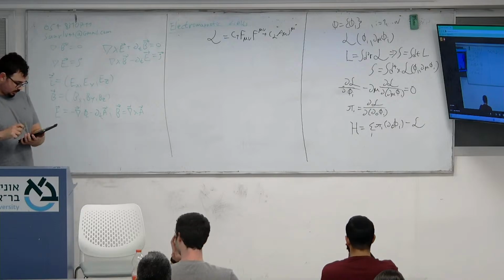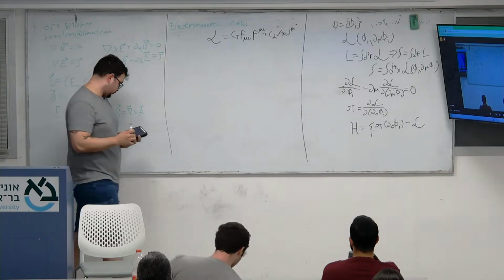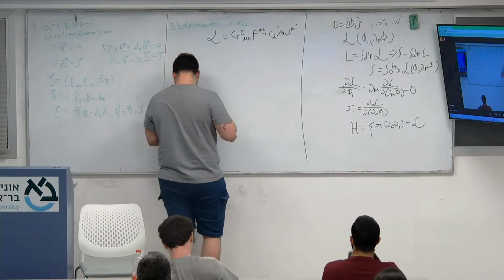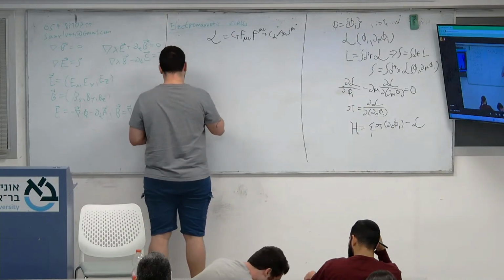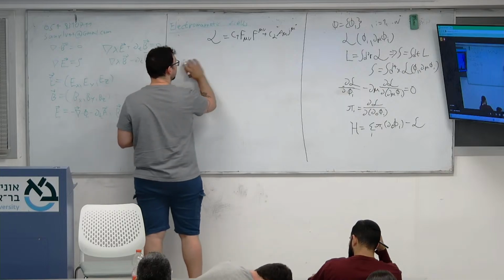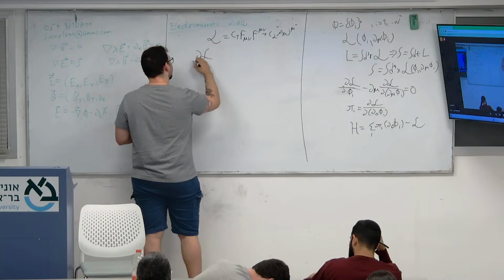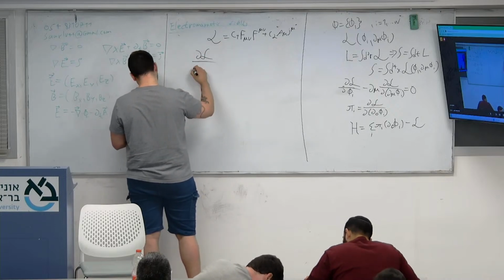Let's try it. Okay, so overall, because I already used mu and nu in the Euler-Lagrange equation, I'm going to use rho and sigma instead.